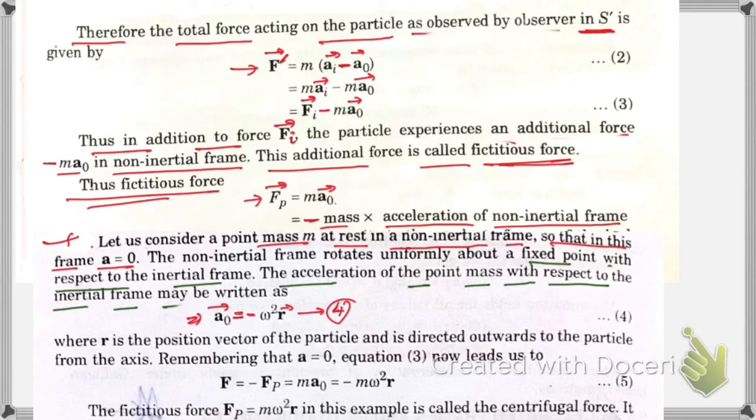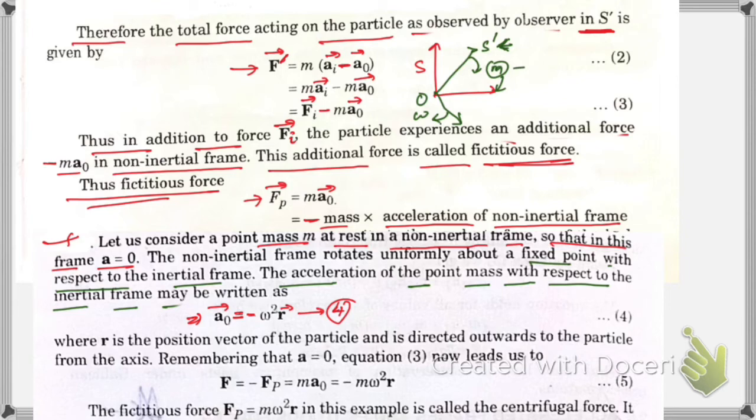So let me explain the situation again. Here is the inertial frame S, and the non-inertial frame S dash is now rotating. We have considered a particle of mass m, which is at rest relative to S dash. That means S dash is rotating with angular frequency omega, and to be at rest relative to S dash, this mass m must also be moving with this frame.